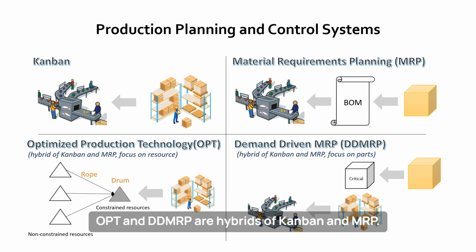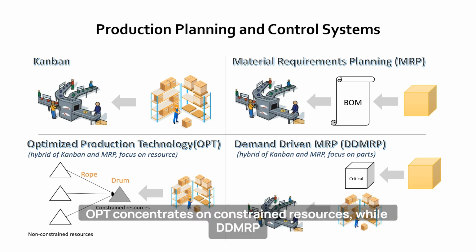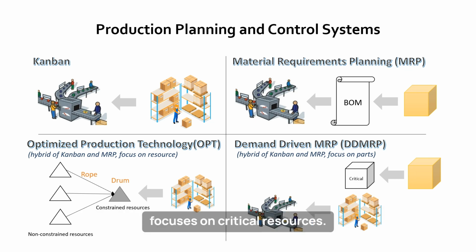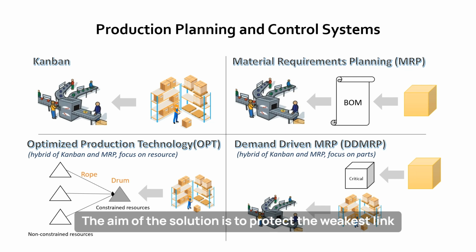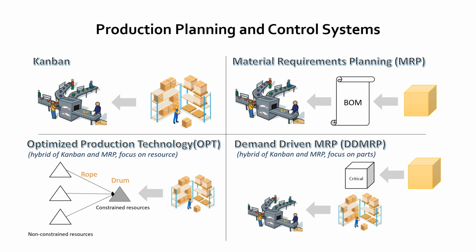OPT and DDMRP are hybrids of Kanban and MRP. OPT concentrates on constrained resources, while DDMRP focuses on critical resources. The aim of the solution is to protect the weakest link in the system.